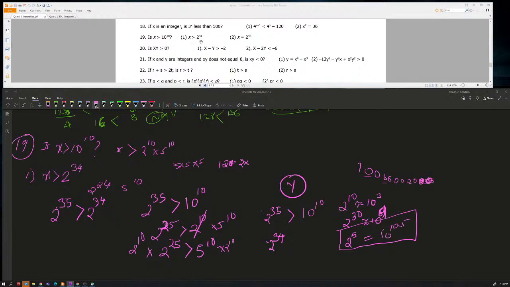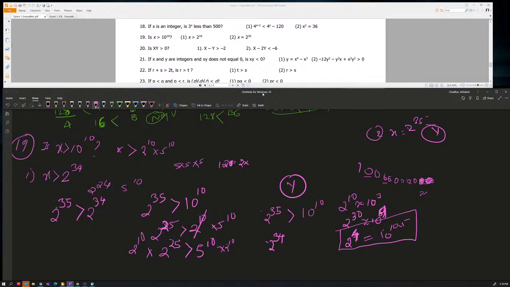So for at least the second one, where x is equal to 2 power 35, it is definitely a yes answer. But the range between 2 power 35 and 2 power 34, right? This 2 power 4 would be 2 power 30, and this 2 power 4 would not be 10 power, this will be 10 power 1.5.